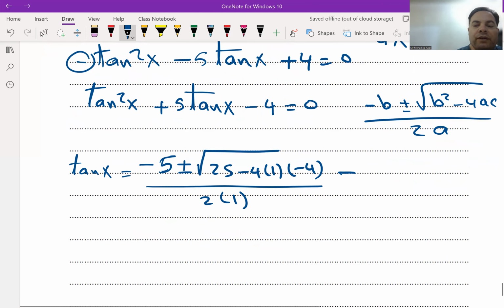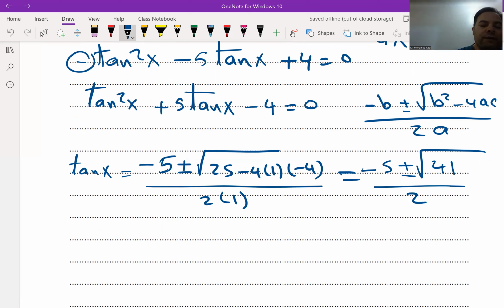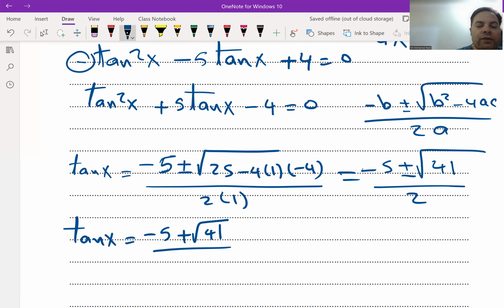Simplify, it's -5 plus or minus the square root of 25 plus 16, which is 41, divided by 2. We have 2 roots. Tan x is equal to -5 plus root 41 divided by 2, and tan x is equal to -5 minus root 41, all divided by 2.